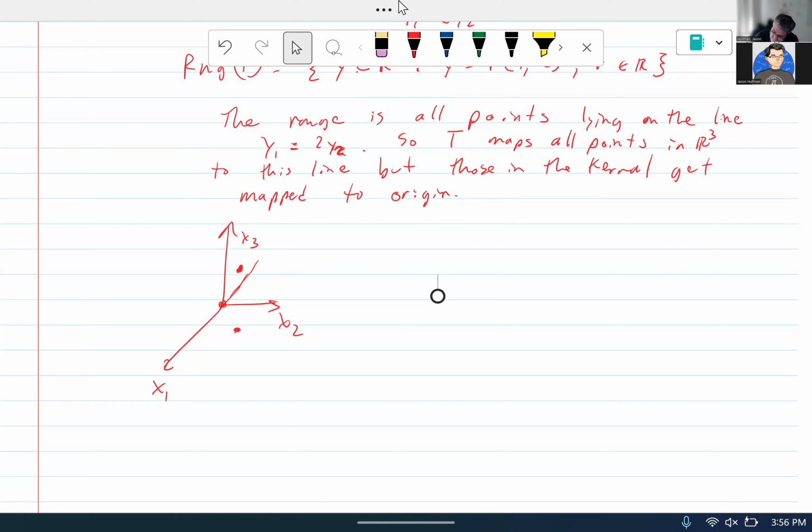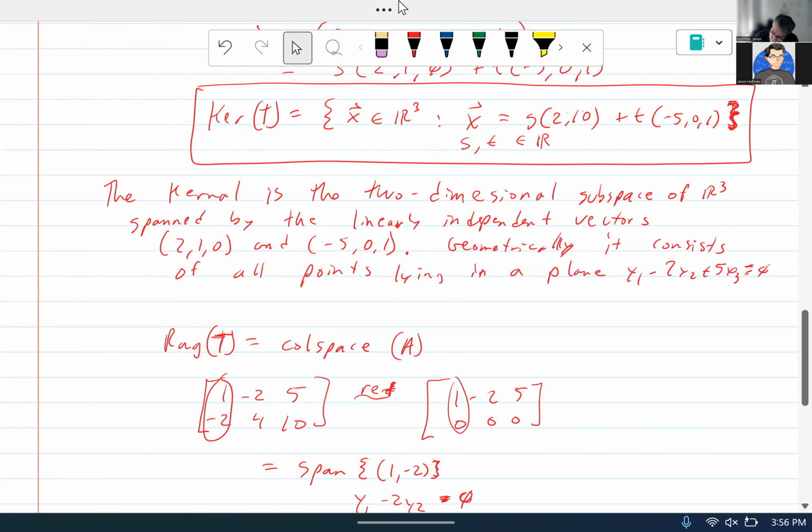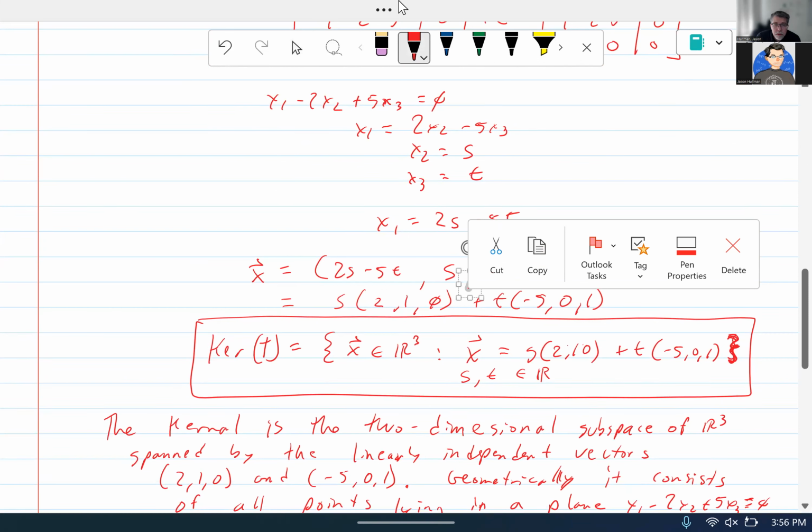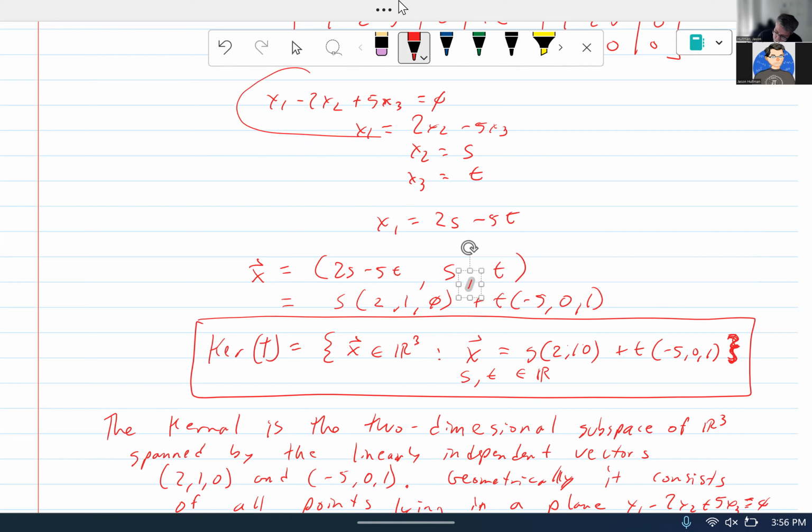Because if I plug in zeros, I should get out 0, right? So if I plug in 0, 0, 0 to x1, x2, x3, right here, I should get out 0, right? 0 minus 0 plus 0 is 0. So that does go through that plane. The origin is part of that plane.